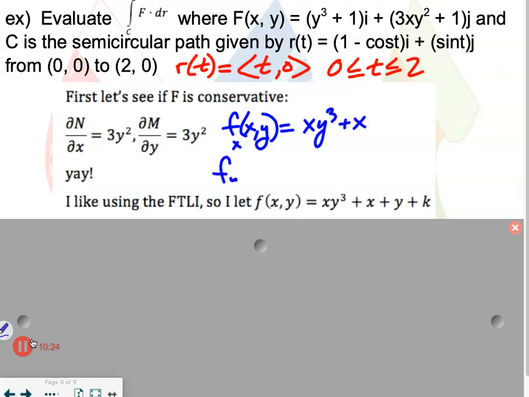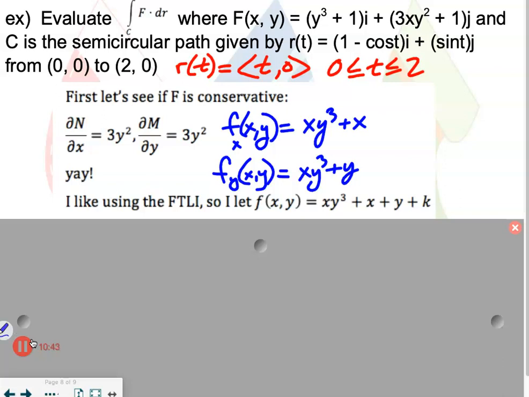And then you do the same thing with your y part. I'm not writing good notation, but that's okay. You integrate the second part with respect to y, and you get xy cubed plus y. And then when you write your potential, it's all of these terms but without repeats.